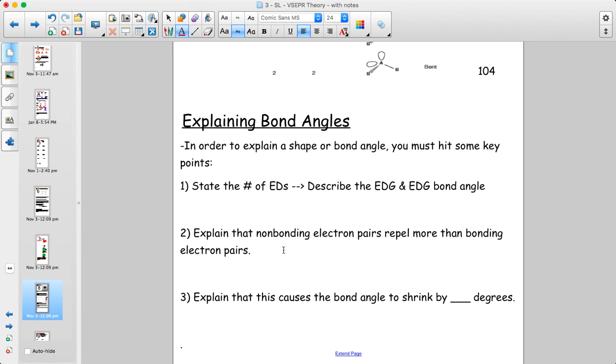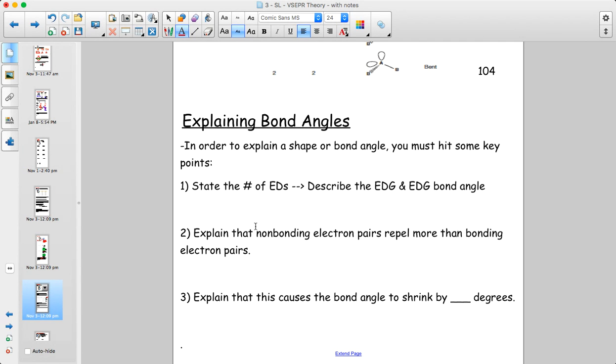But because it has one non-bonding pair of electrons on the central atom, and because that non-bonding pair repels more than the bonding electron pairs, the remaining bonds get repelled together more closely, and so the angle is about 3 degrees smaller. And therefore, we would predict the angle at about 117.